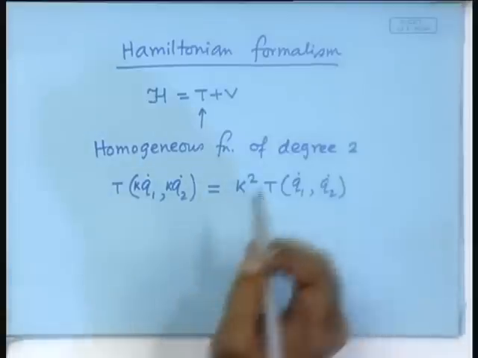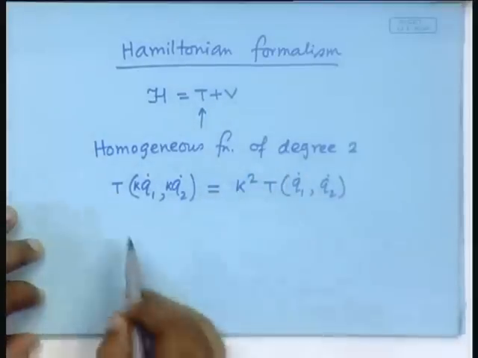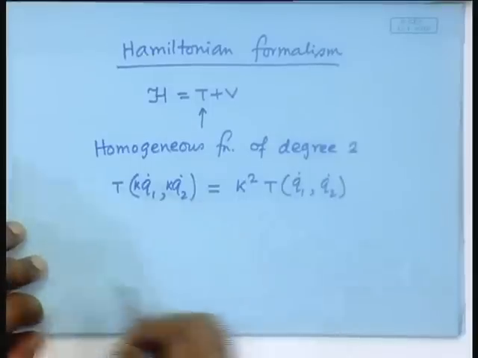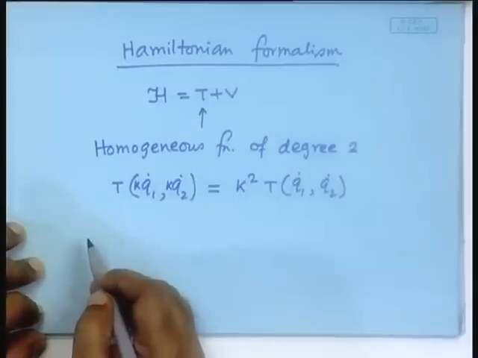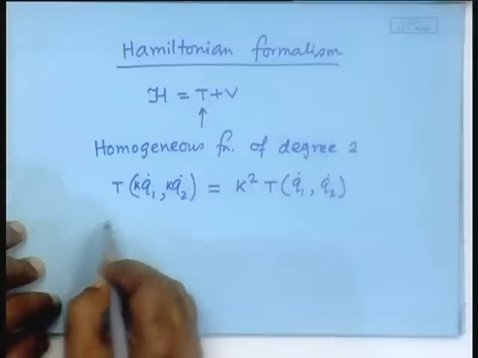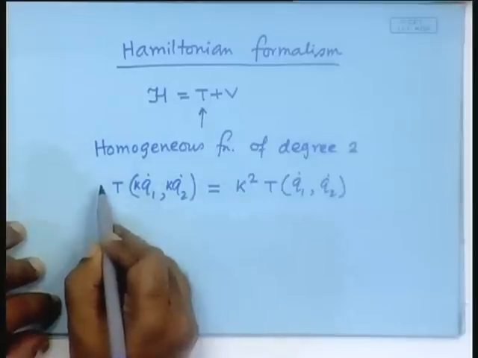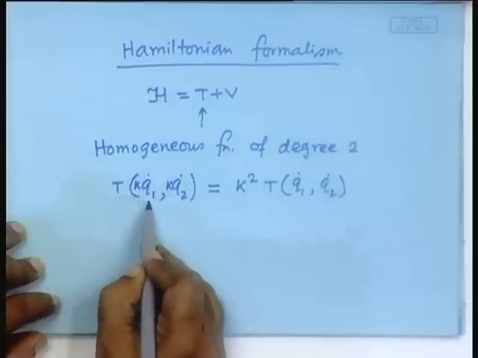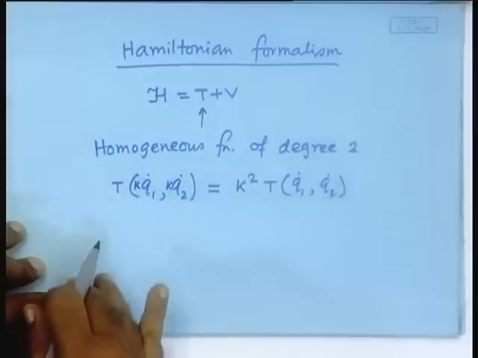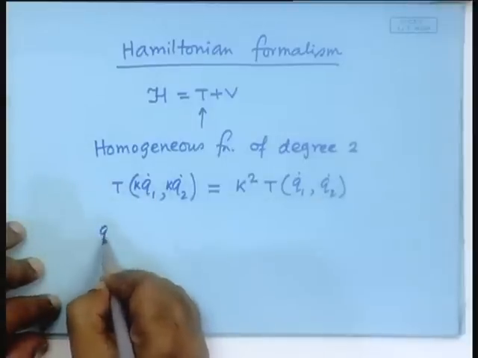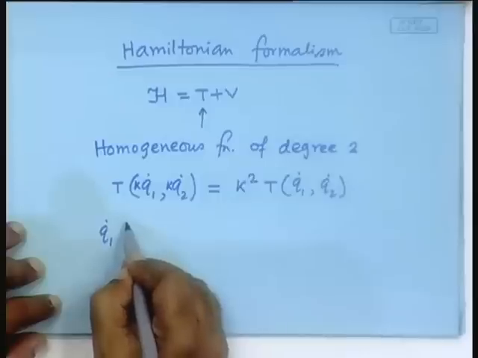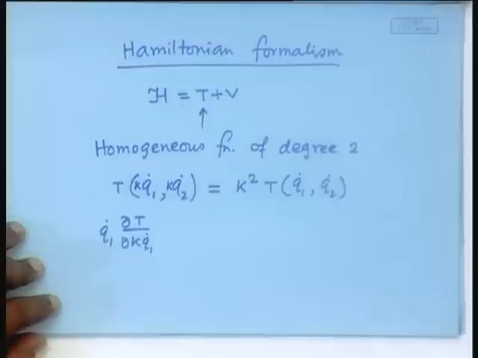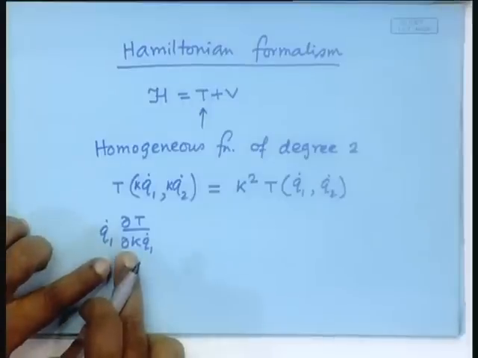So, what is it? Suppose I now differentiate this equation with respect to k. What do you have? I am differentiating with respect to k, so first I will have to differentiate with respect to k q1 dot, and then k q1 dot with respect to k. So, what do we have? We have q1 dot times the derivative of T with respect to k q1 dot, that is the first one, chain rule.